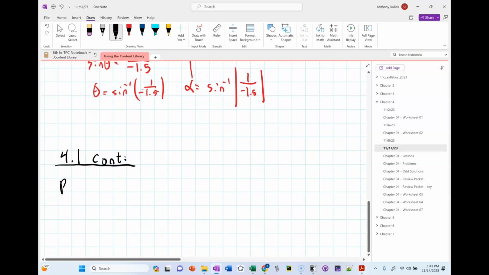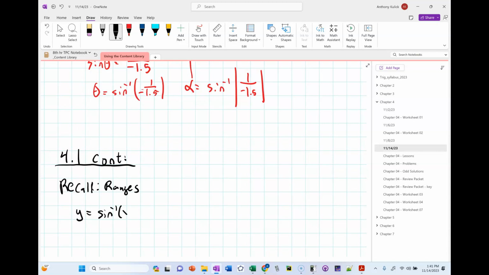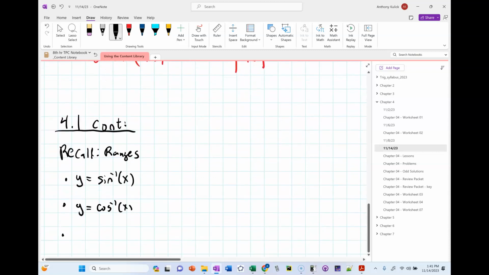I want to recall something that we're going to use today in the problems, and it's the ranges for these inverse functions. So remember we had talked about sine inverse, cosine inverse, and tangent inverse, right?